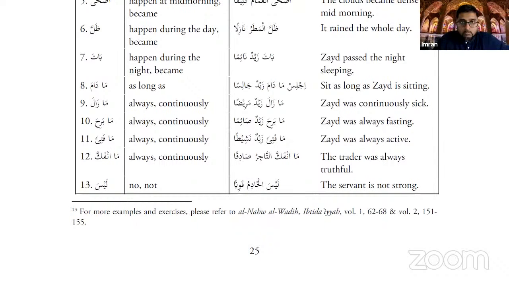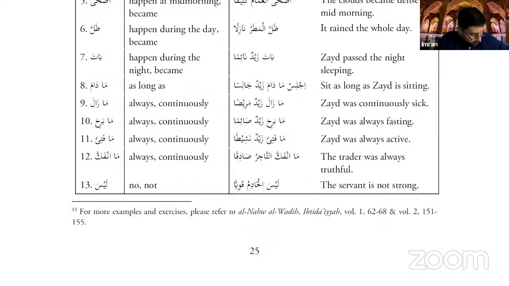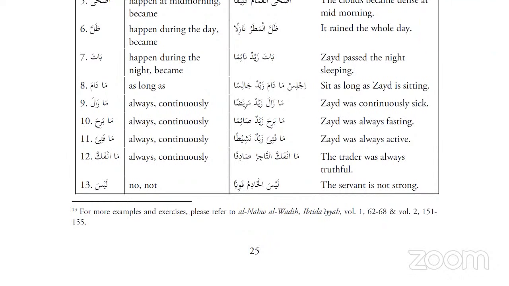Zaidun is the ism of bata, and na'iman is the khabar of bata. Excellent. So the ism is marfu' and the khabar is mansub.